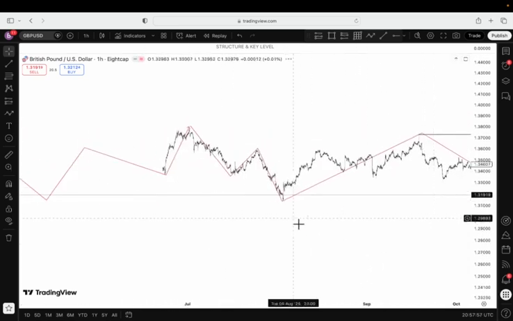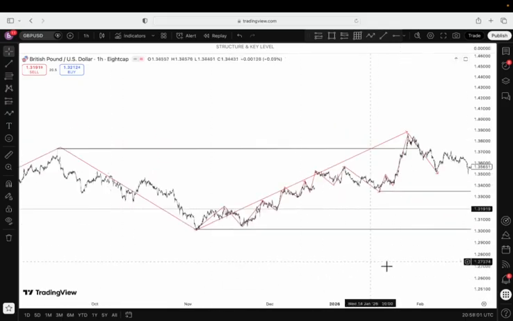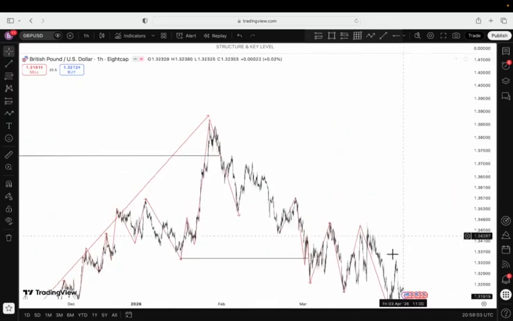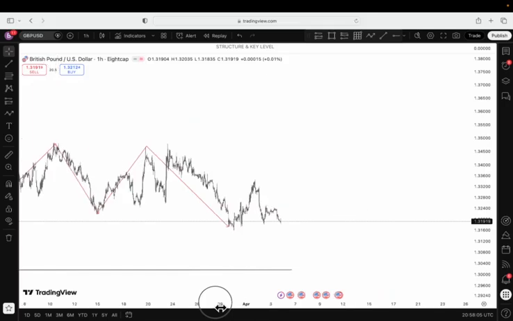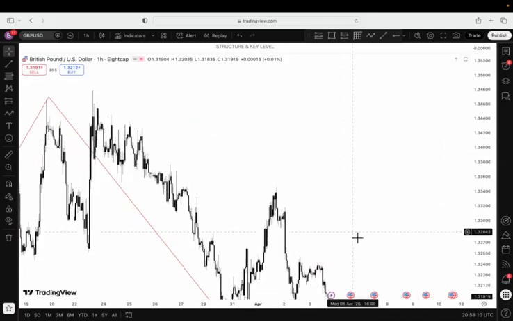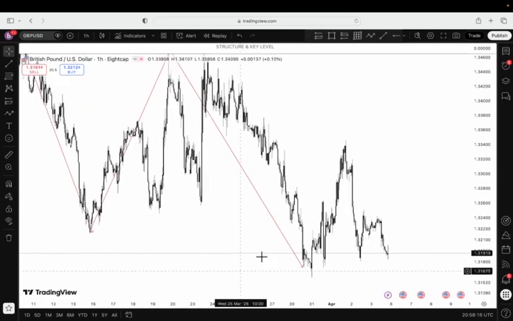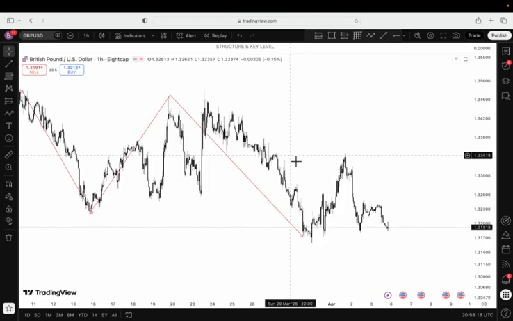I don't know how much this pair respects QML, the Quasimodo reversal, because it's more of like arrow as the reversal, L as Quasimodo level. But I know one thing I know about this pair is about their key levels.